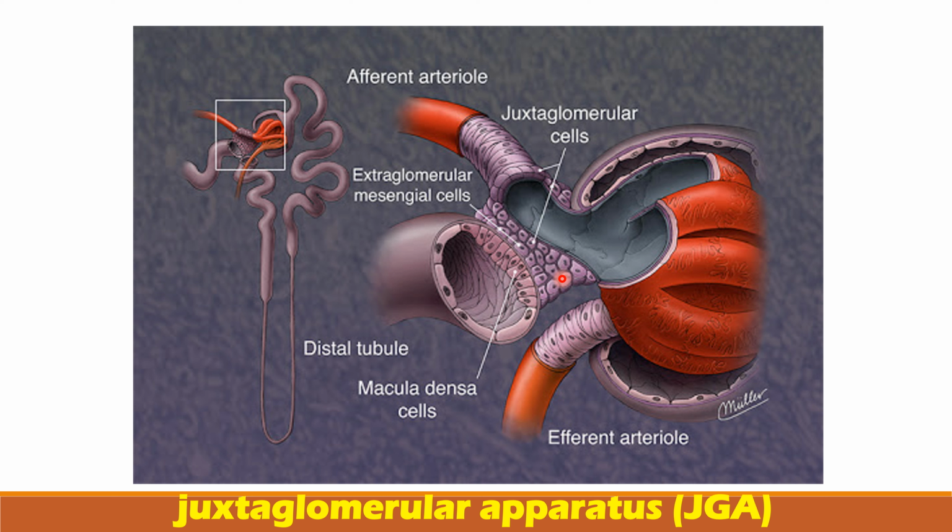Angiotensin 1 is in turn activated into angiotensin 2 by angiotensin converting enzyme, and angiotensin 2 is the active hormone which plays an important role in regulating vasoconstriction of the blood vessels.